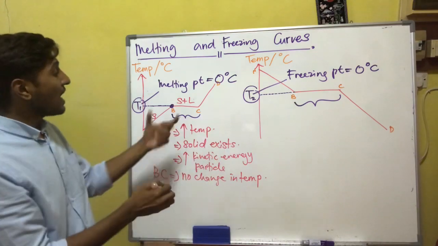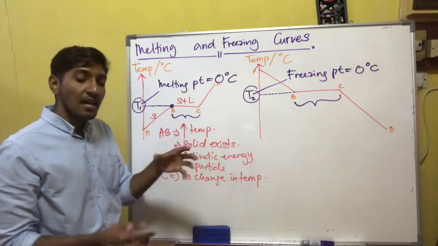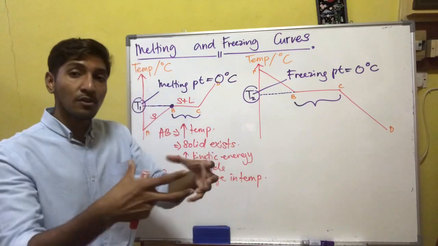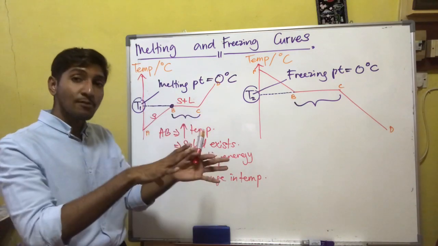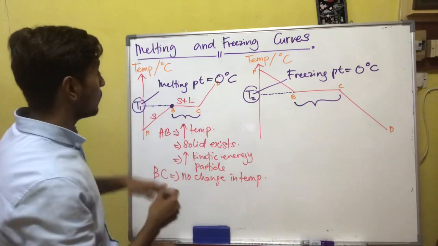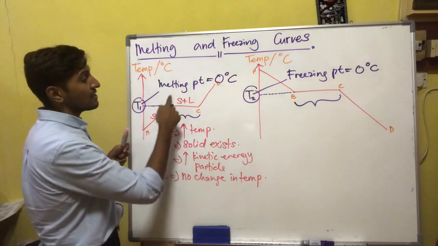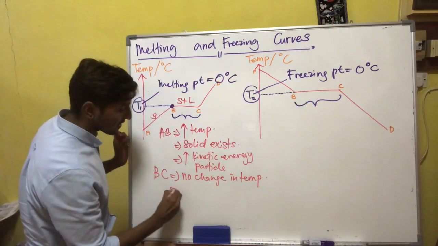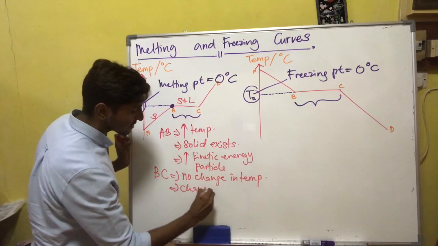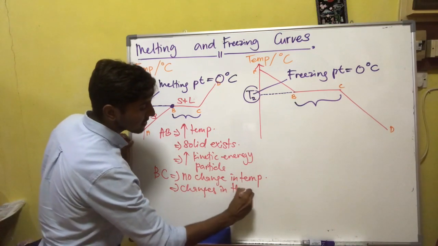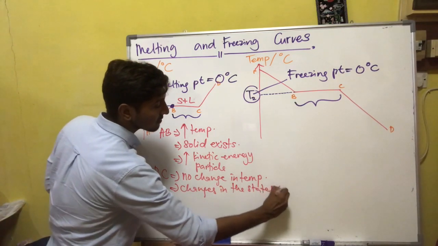So at this moment, B to C, if you check your experiment, there are ice cubes and water together. So this is when there is solid and liquid. So there are changes in the states of matter.